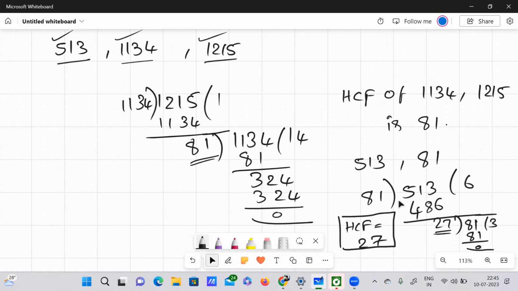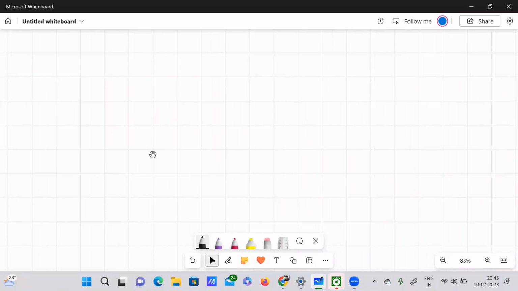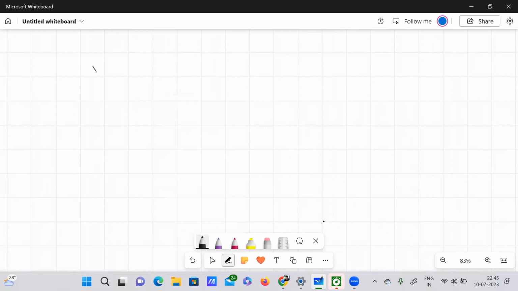And now I'll also explain how to calculate the LCM. For example, we are given 2 square into 3 cube into 5 into 7 square.